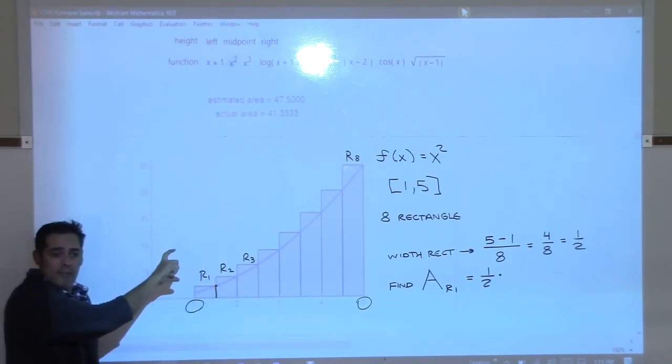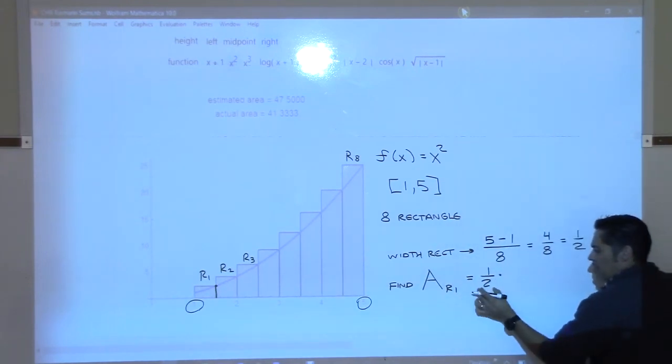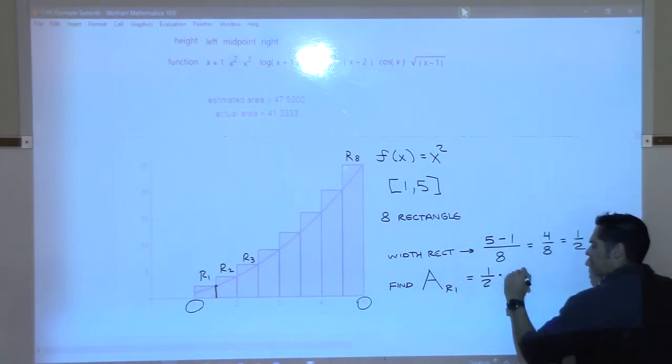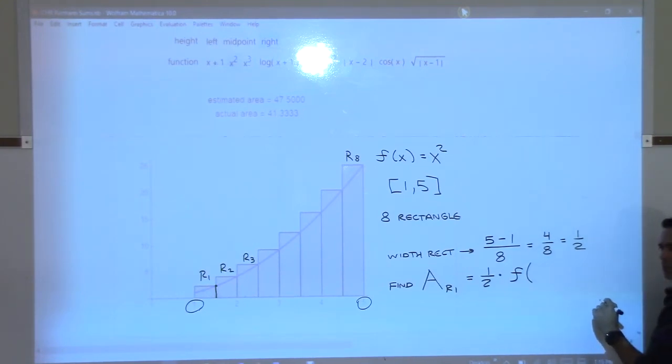So I'm going to write this down a little bit different. I'm going to say this is our width. The height is the function's value at, where? The x coordinate, which we said was 3/2. Now I'm going to write it different. I could write 3/2, but I'm not going to. Bear with me, this is going to help us try and generalize this.